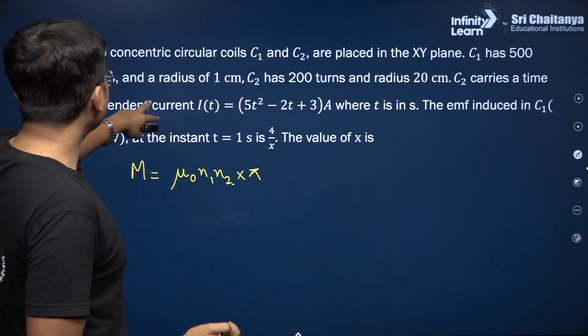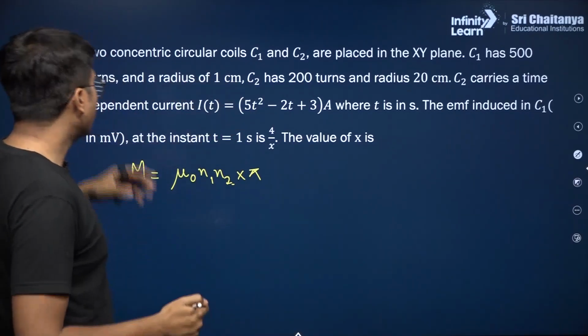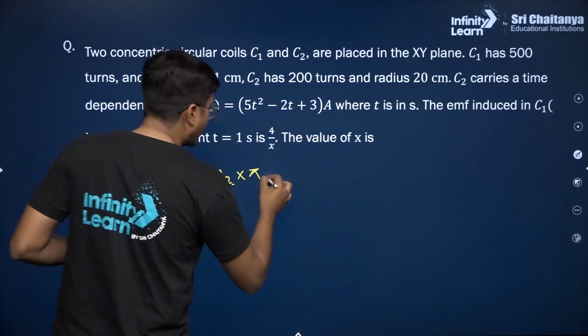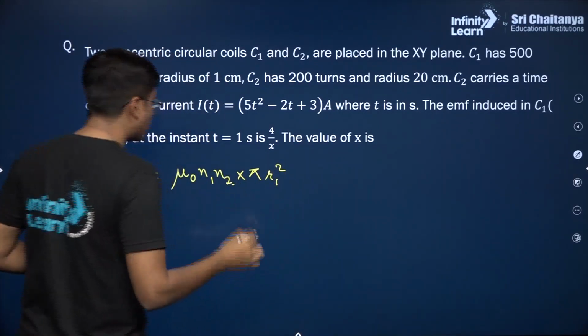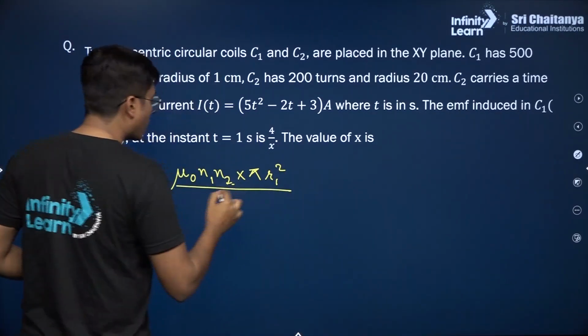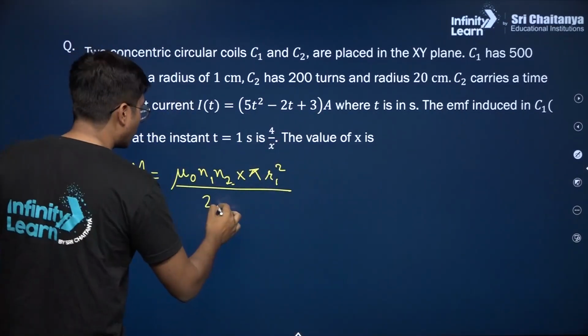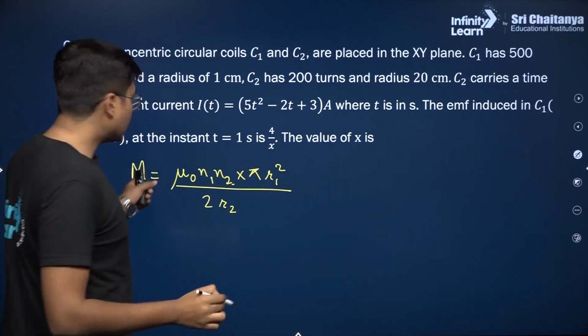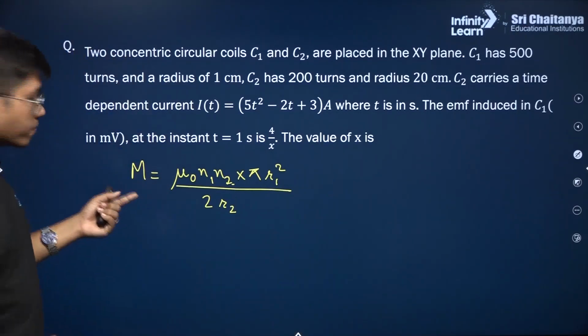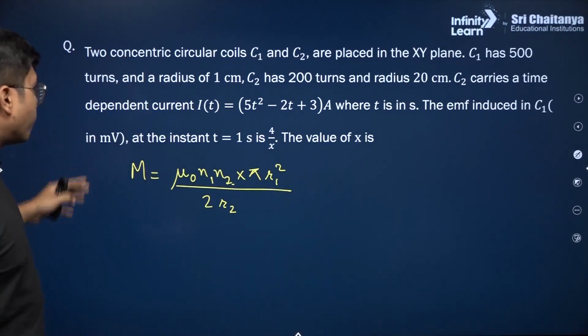Over here, the current is passed through C2, which means we are dealing with C1. So pi R1 square divided by, you have 2 into the other radius, so 2R2. This is the mutual inductance formula.